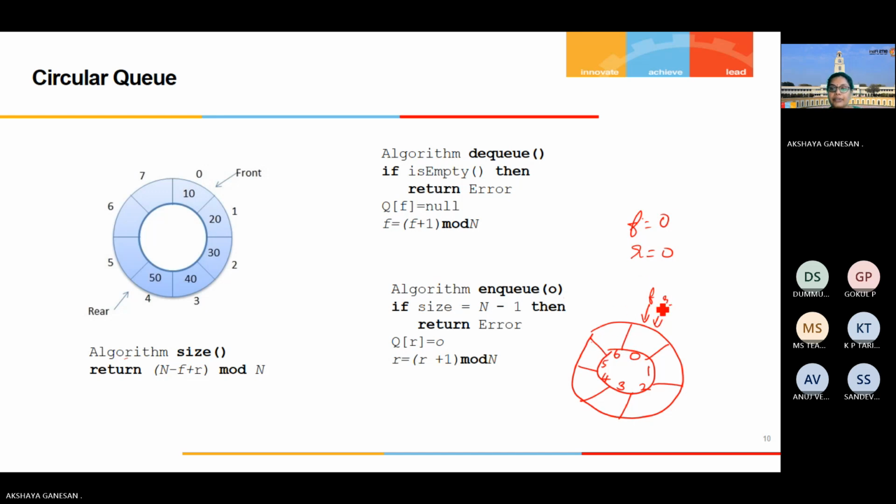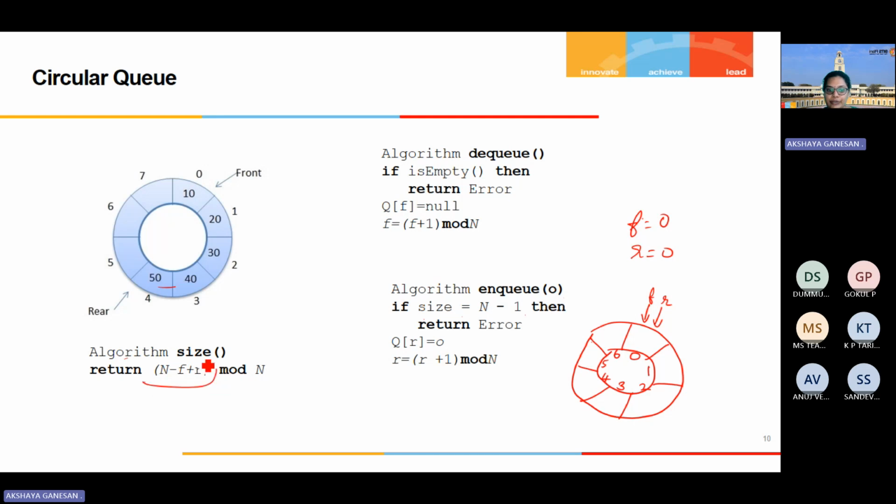Now, when I want to add, I check whether size is equal to n minus 1. Then return error. That is, when the number of elements is the maximum and all the elements are full, you cannot insert anything.